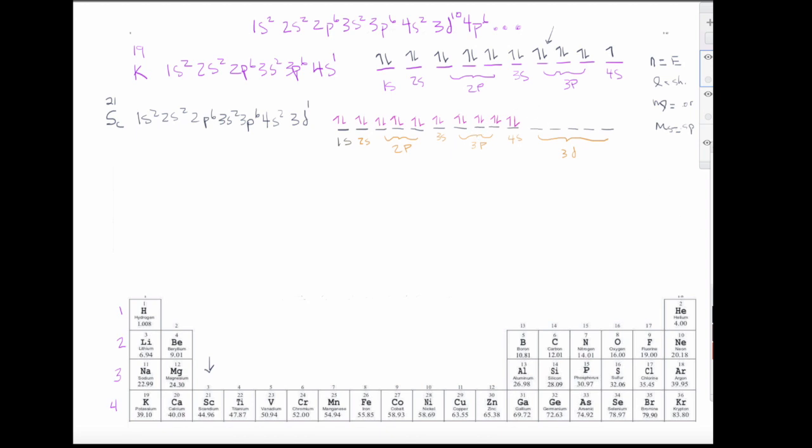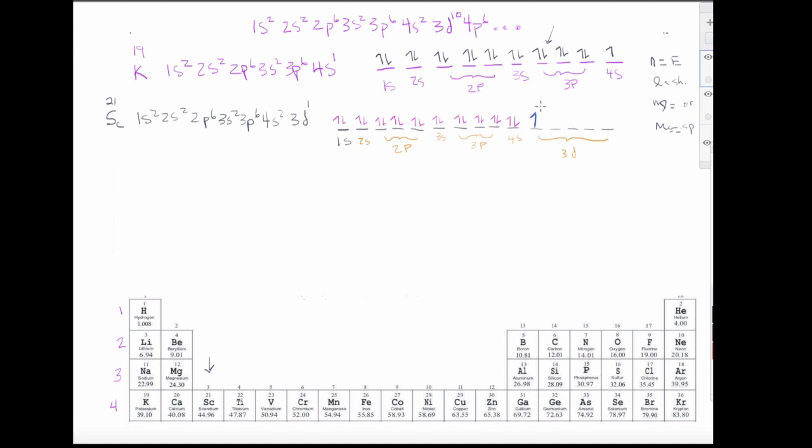We have a single electron out here in the 3d shell. I'll change the color so that we emphasize that. It's convention, and what I mean by convention is this is an agreement between chemists that we fill these platforms going left to right.